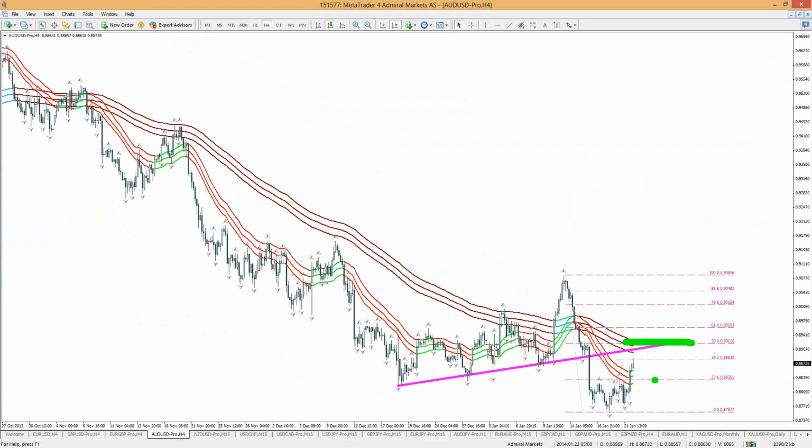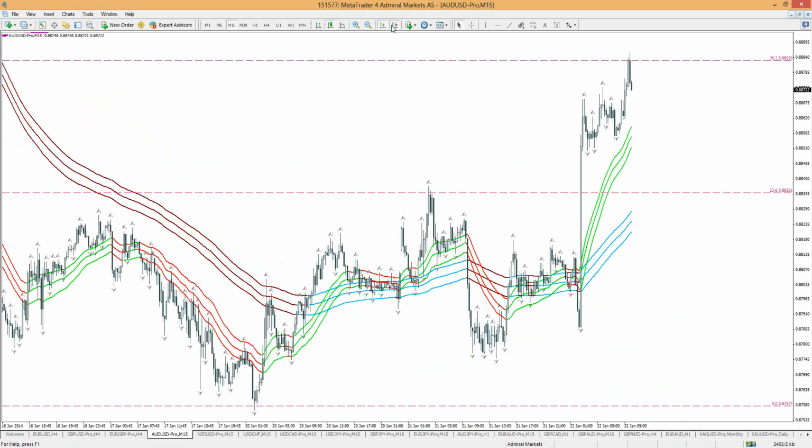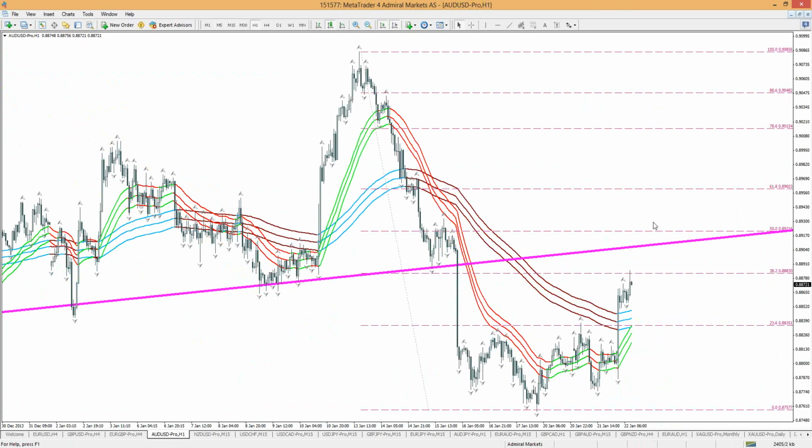89.20 itself could already be a big spot for downside continuation. So if you then zoom into the 15, sorry, 1 hour, back to the 1 hour, we can see that upside potential is, in my opinion, very limited.